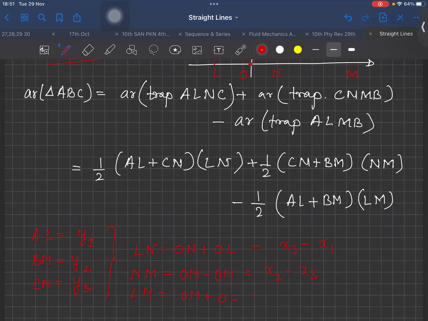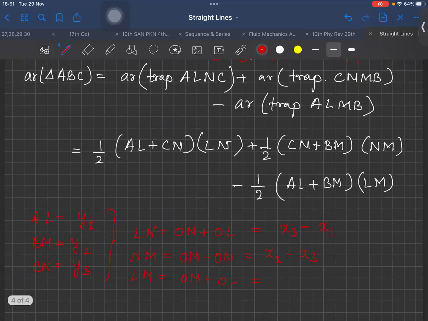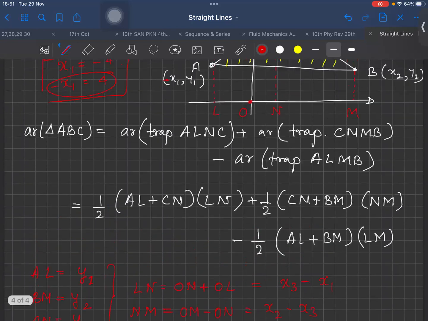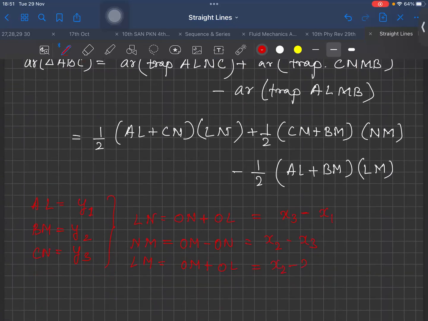So again, it will be OM plus. So this will become what? OM is plus. So x2 minus x1. Got it? This point, these all you got x1, y1, x2, y2. So we got on this one.